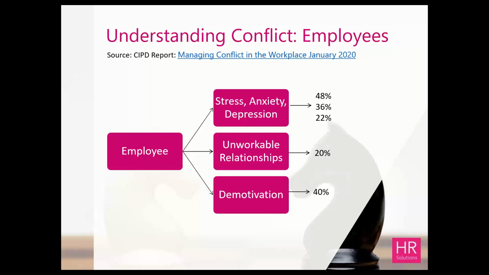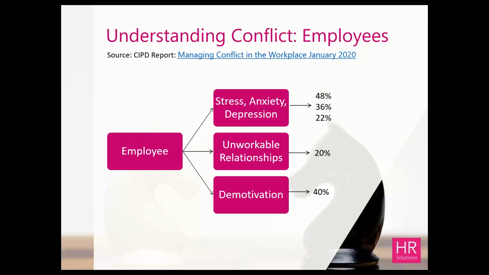The CIPD research found that of the respondents, stress was actually the biggest impact at 48%, followed by anxiety at 36%. We also have depression at 22% of respondents saying that that was an impact for them, and unworkable relationships being at 20%, and feeling demotivated, 40% of respondents confirmed that as part of the research.